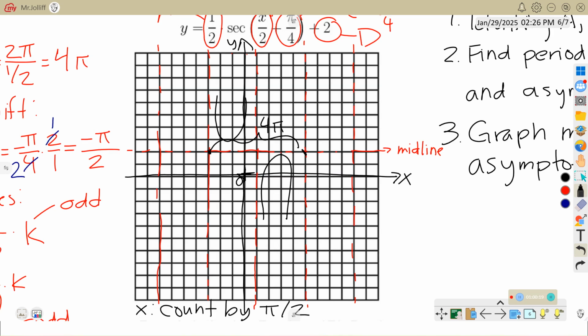And you know what the shape of a secant graph looks like, so you know how many asymptotes make up a full cycle. This is a good stage to pause and check that your asymptotes are doing what you think they should be doing. Because getting the asymptote right is the hardest part of this graphing. The midline, I know you know how to do. You know how to shift up and down. I've watched you do it.